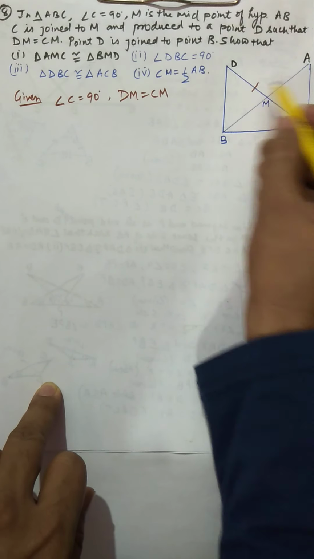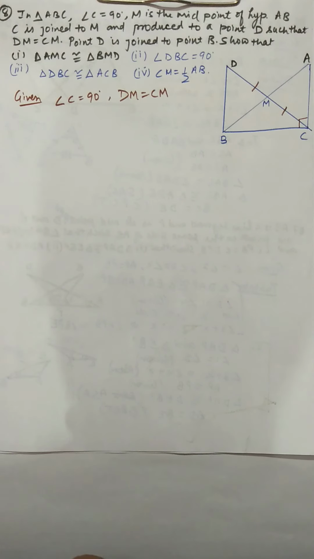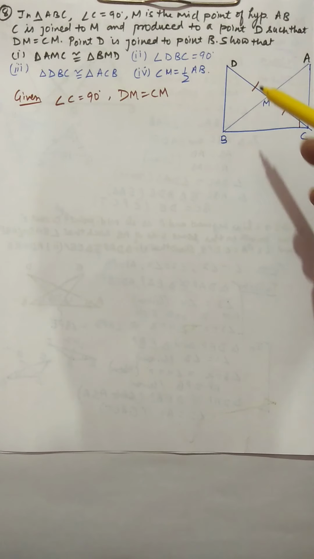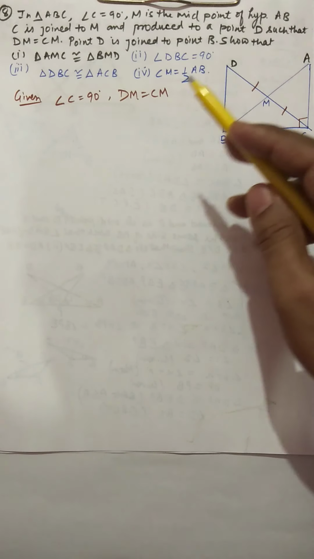Point D is joined to point B. Show that triangle AMC and triangle BMD are congruent. The second part is to show that angle DBC is 90 degrees, and that triangle DBC and triangle ABC are congruent.